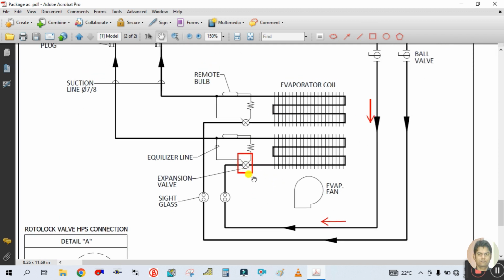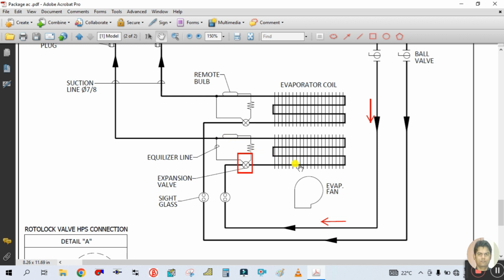The main principle of this expansion valve is that you can see this sensing valve. This sensing valve is connected through a capillary tube to the expansion valve. It will sense, and this sensing valve is installed on the discharge line of this evaporator coil.